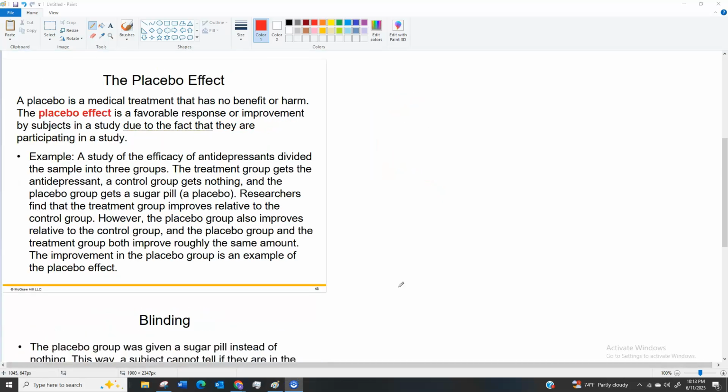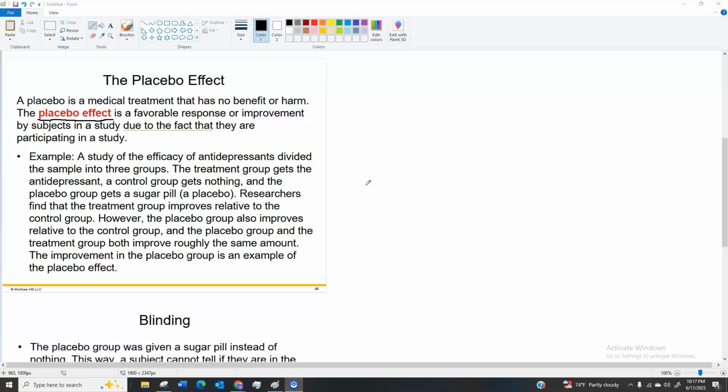Another interesting thing that can happen is there can be a placebo effect. The placebo effect has been very highly studied. It's been proven that it definitely happens. And that's when you get a favorable response or improvement due to the fact that they're participating in the study.